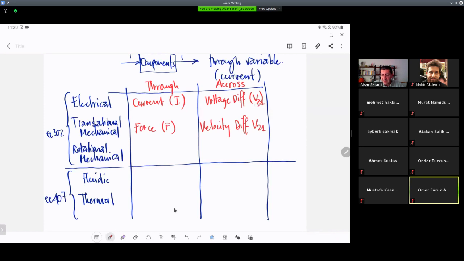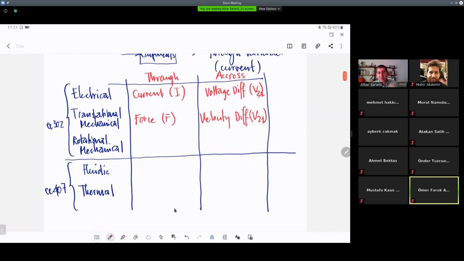Obviously, this V is not to be confused with the voltage V, okay? And in fact, although we haven't done this, at least I don't remember, every component in translational mechanical systems, their terminal relationships can be derived from between these two variables, the across variable and the through variable.